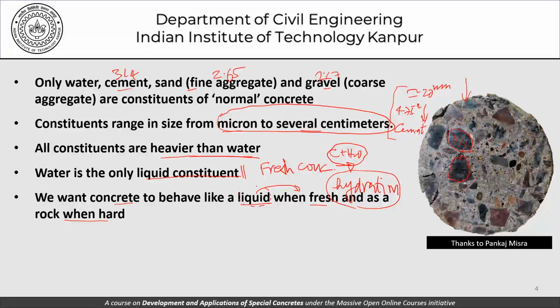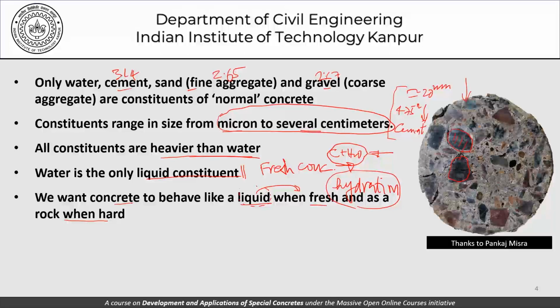No, that's not true. Having said that, as far as hydration, reactivity and the chemical changes involved are concerned, that happens only with cement and water. The aggregates more or less always remain as they are.